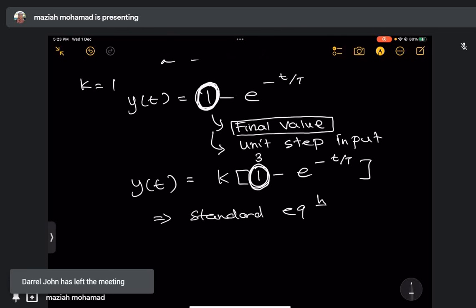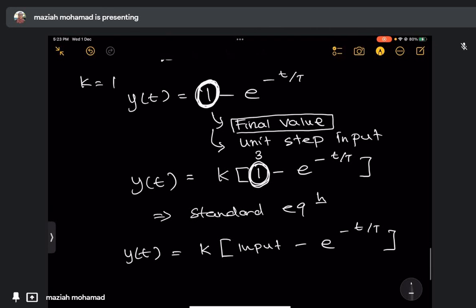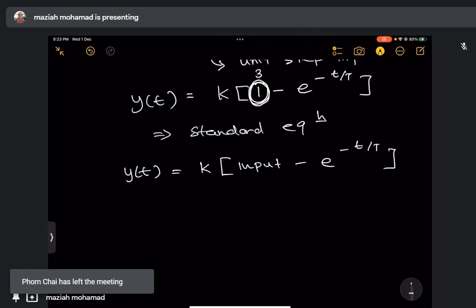Okay, so we can rewrite the standard equation. So y(t) is equal to K multiply with input times 1 minus exponent negative t per T. Okay, so that's why we have K multiply with 3.